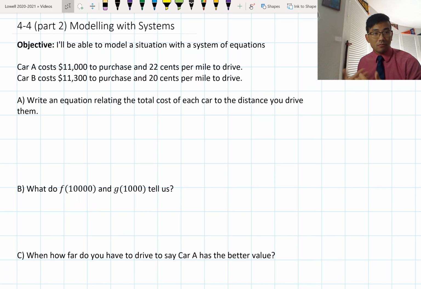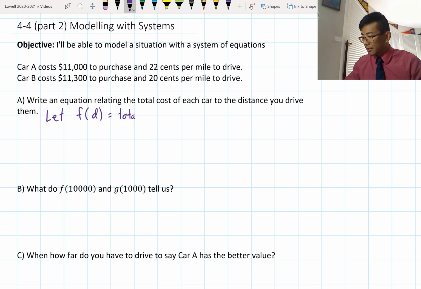So step one, write an equation for both of them. This is where our function notation is going to come in, because I can rewrite this and keep the equations in check. So let f of d, I think the book wants us to use d, where d stands for distance, equal the total cost.